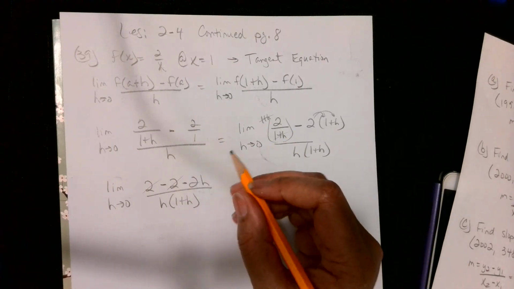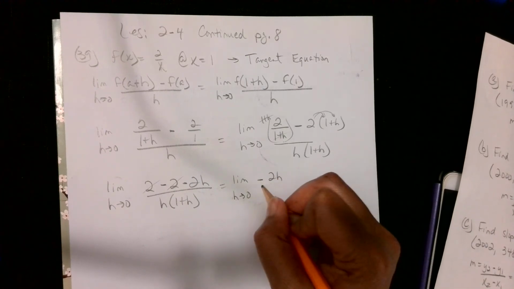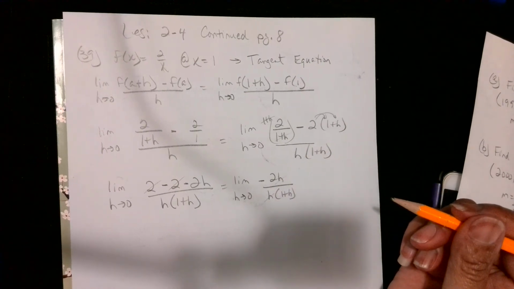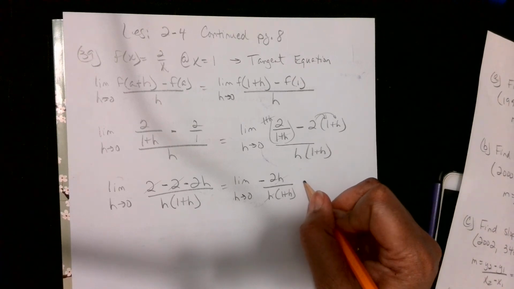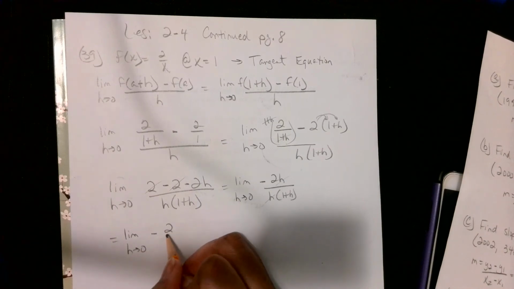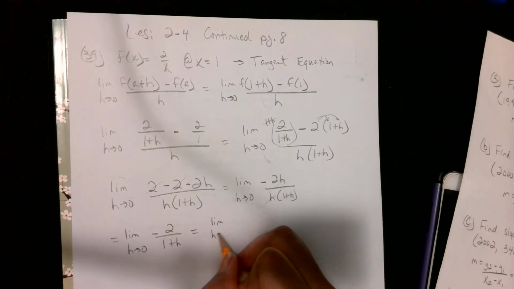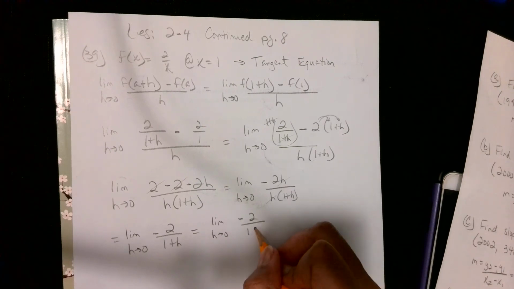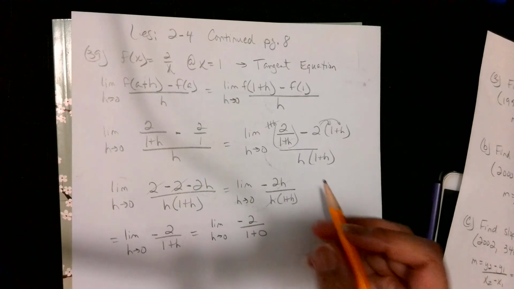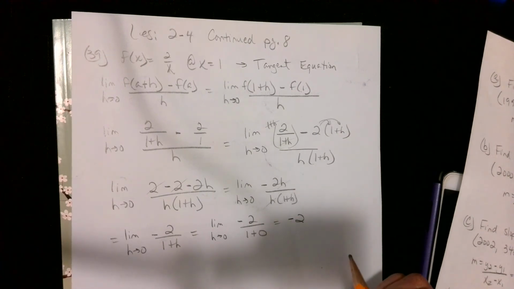Okay, and that's gone, and we get, and then simplify that, and we get, now I plug in 0. All right, so our slope is negative 2.